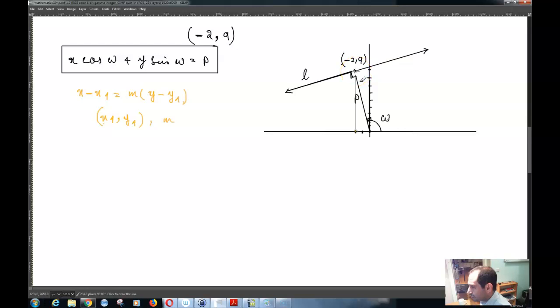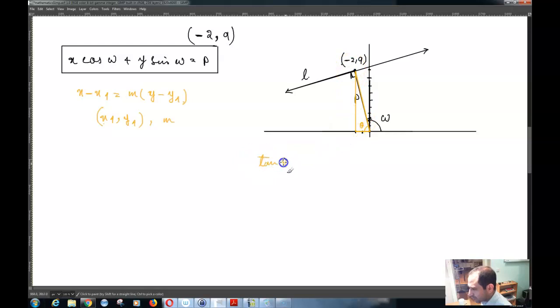You see over here, I can draw a triangle. In this triangle, this length is basically 9 units, and this length is 2 units. And if I take this angle as theta, of course I could find tan of theta as 9 divided by 2 in this triangle.